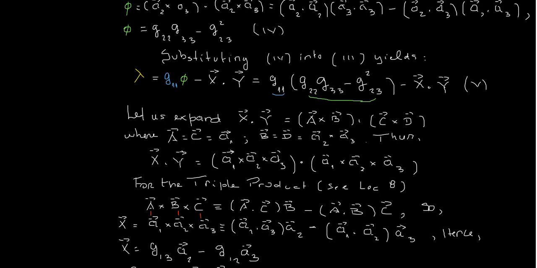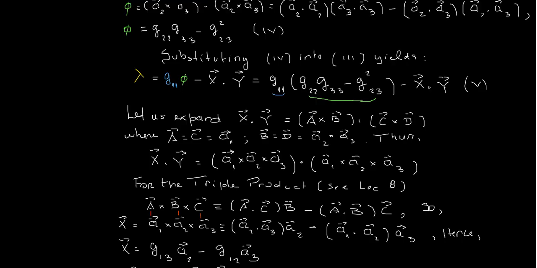Then easily I substitute A and C, B and D, in the expression for X, and obviously for Y, because X is identical to Y. This is X and this is Y. Now, you see, the triple product appeared here.